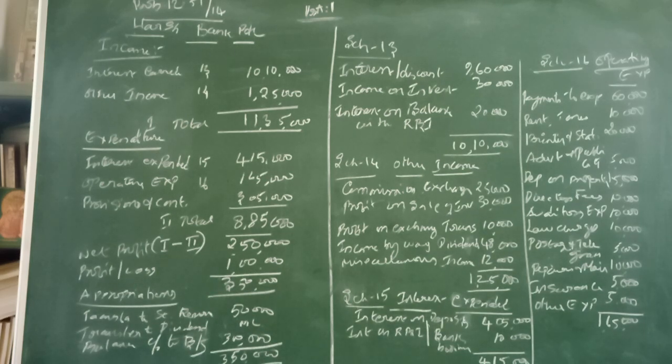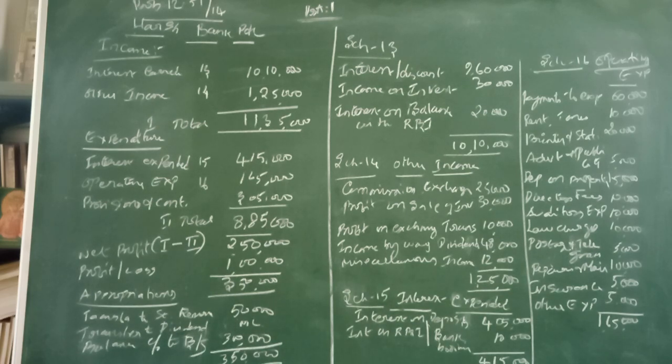It is an income. Then another one is interest on balance with the RBI. All the banks are required to maintain a balance with the Reserve Bank of India. This bank is also maintaining an amount with the Reserve Bank of India, for which interest is accounted. So schedule number 13 we have to take.